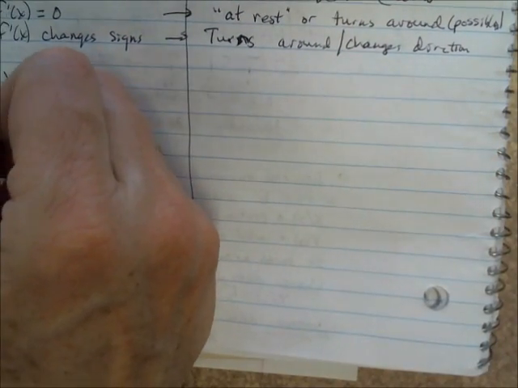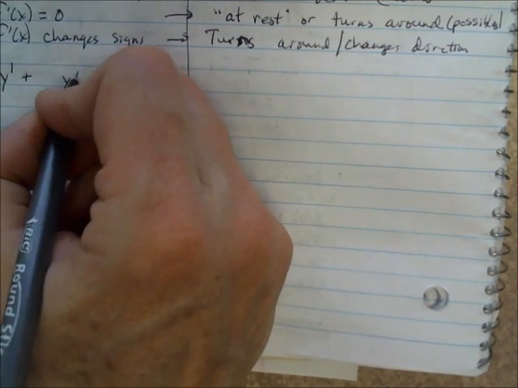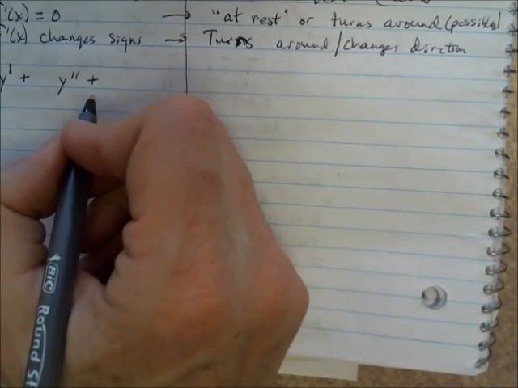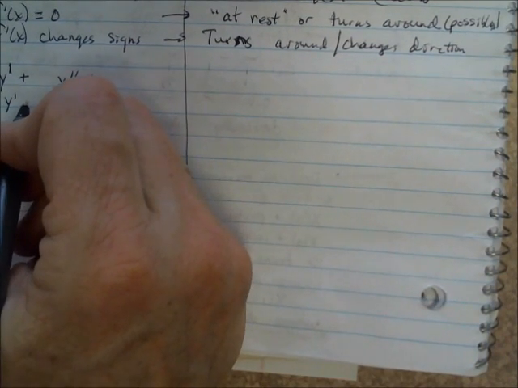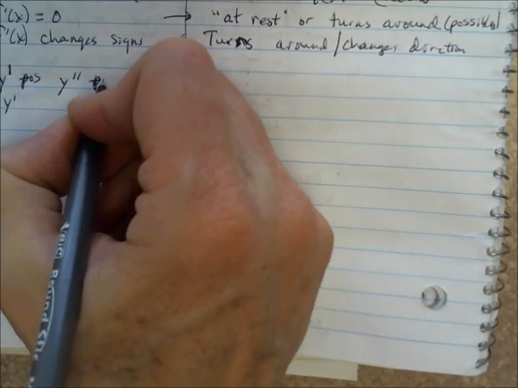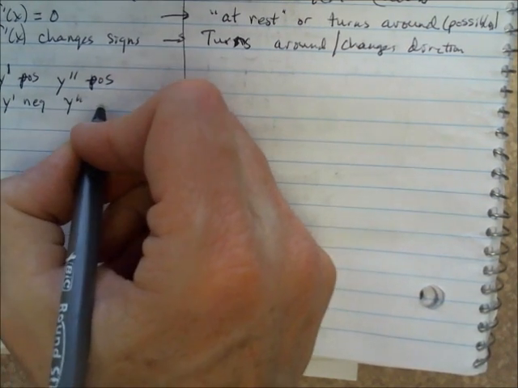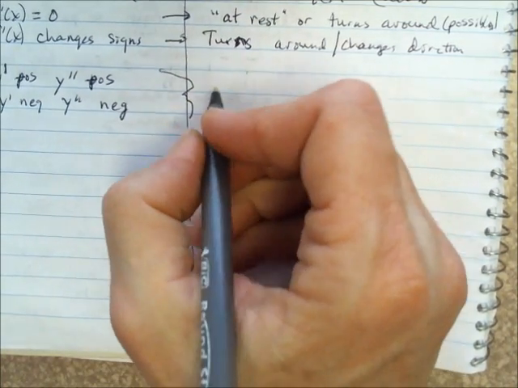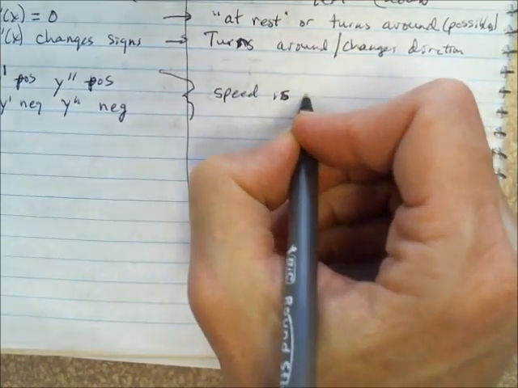Okay, so if y prime is positive and the second derivative is positive, all right, so the first and second derivative are both positive, or the first derivative is negative and the second derivative is negative, what happens there is your speed is increasing.